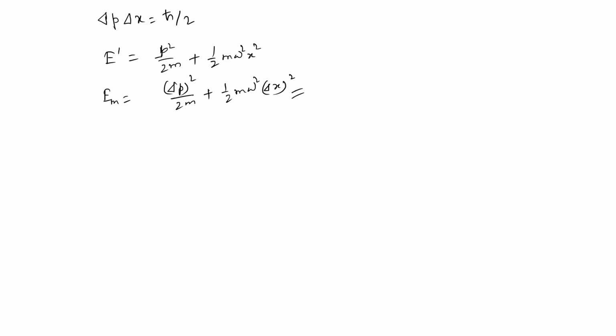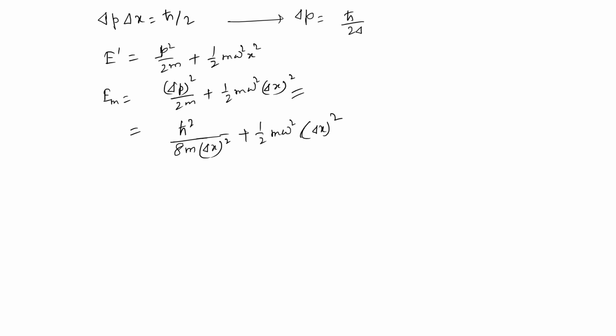So I am just replacing delta p equals h cut by 2 delta x, which gives h cut square by 8m delta x square plus half m omega square delta x square. From here we can easily find the minimum value.